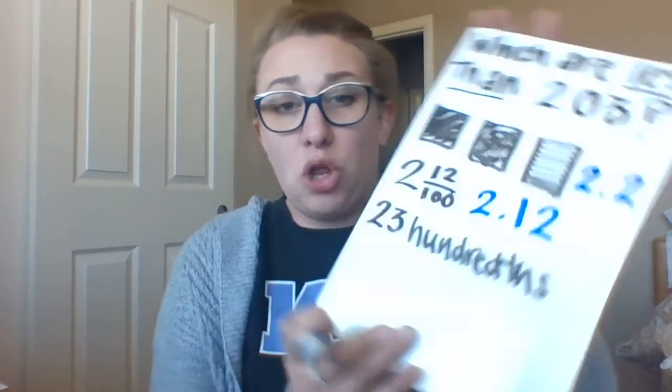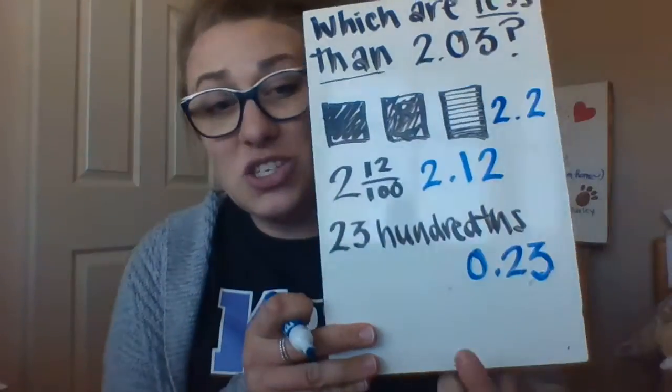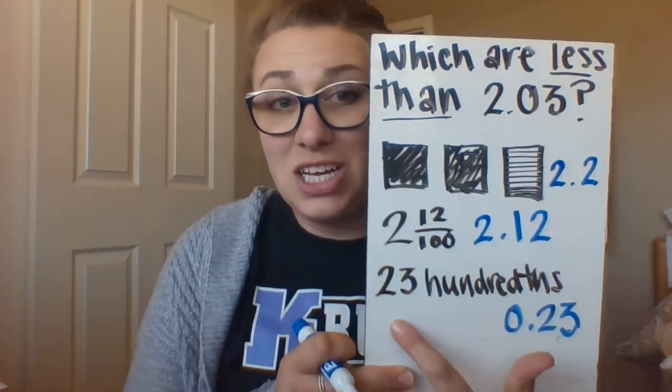Let's think about it for a second. You may be tempted to put a 2 in the ones place here, but there is not a whole number in this example. 23 hundredths, my friends, looks like this. 0.23. Look, there's not a whole number here.